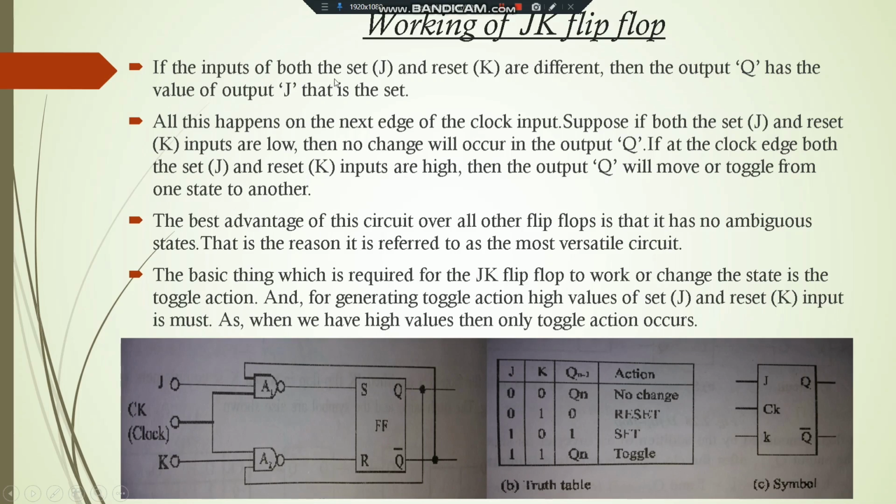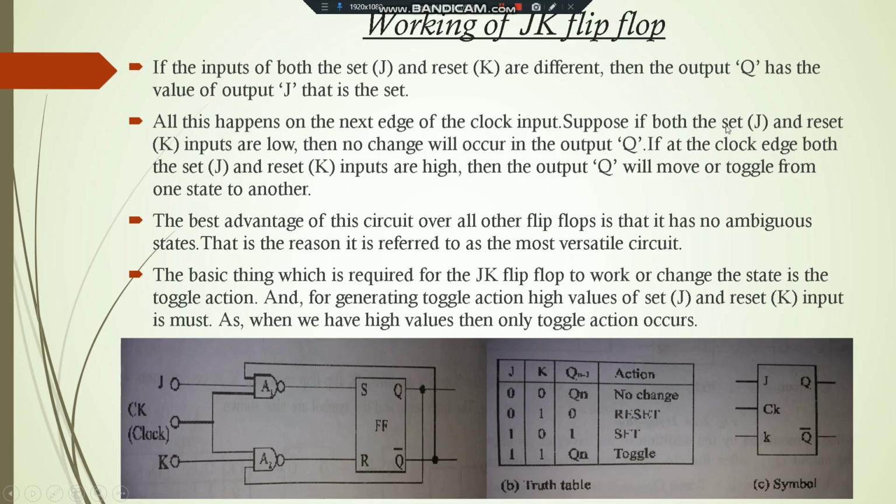If the inputs set, J, and reset, K, are different, then the output Q takes the value of J. If J is high, the output is high, and if J is low, the output is low. All this happens on the next edge of the clock input.